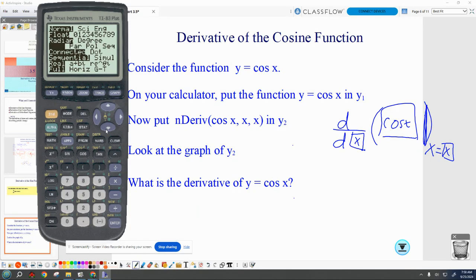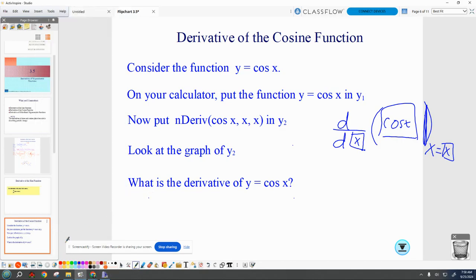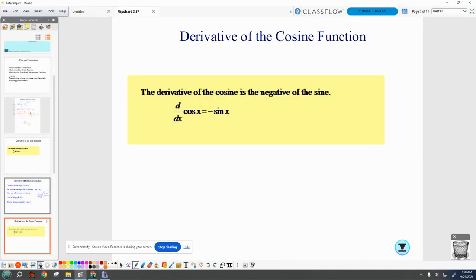If we're on function, that button is going to type an X. If we're in parametric, it's going to type a T. If you're in polar, the third one, it's going to give you a theta. And in sequence, it'll give you the N for this button. No big deal. Just the letter changes depending on what mode you're in. Anyway, all of that was to say the derivative of cosine is negative sine.